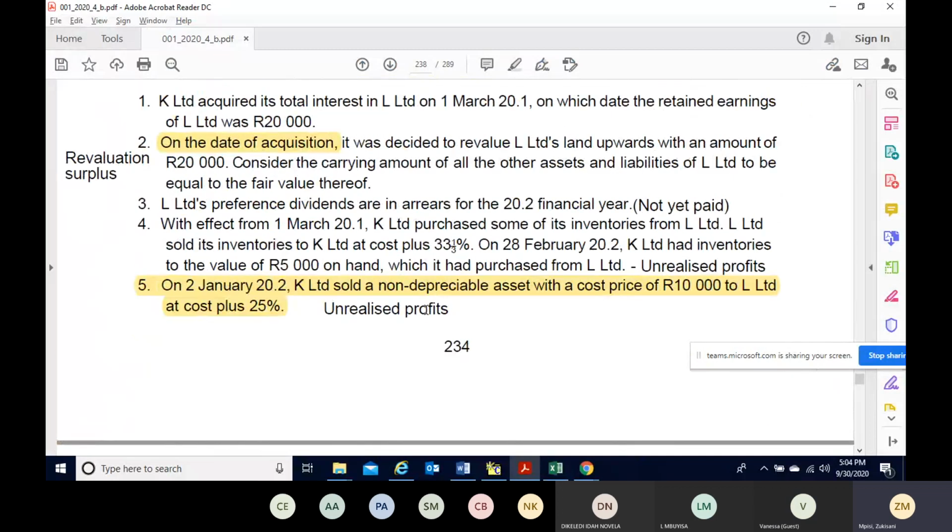You used 10,000 times 25% for the asset, which I understand, but why isn't it also 10,000 times 25 over 125?